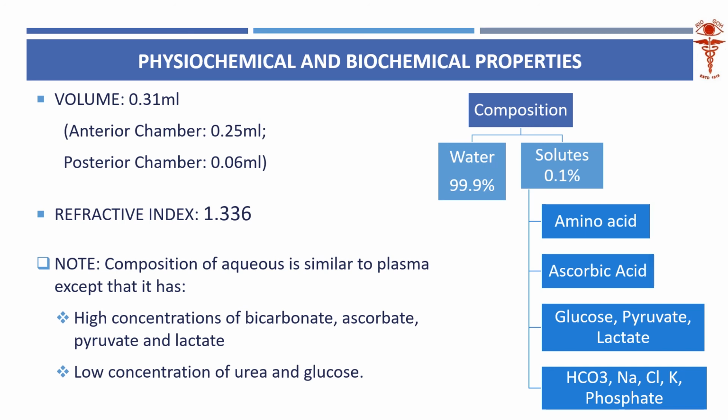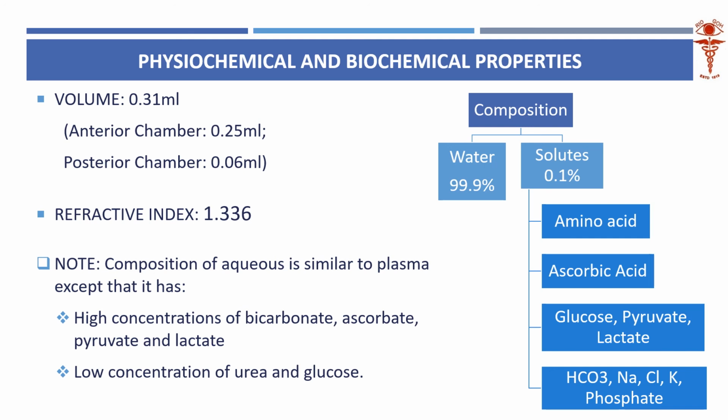The refractive index of aqueous is 1.336. The volume of aqueous is just 0.3 ml, of which the anterior chamber itself is about 0.25 and just 0.06 is the posterior chamber. We remember, no? The posterior chamber is where aqueous is first formed, then it comes to the anterior chamber and gets drained.